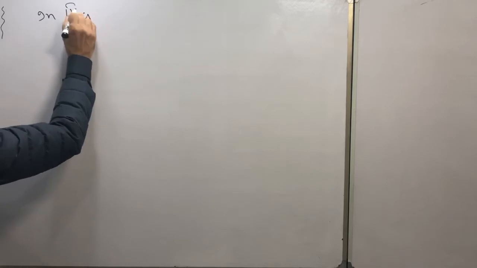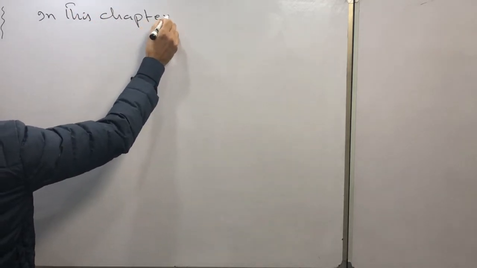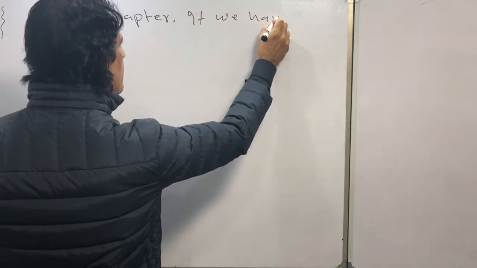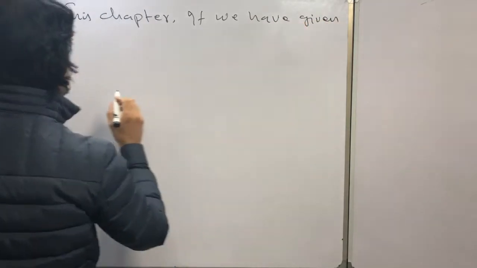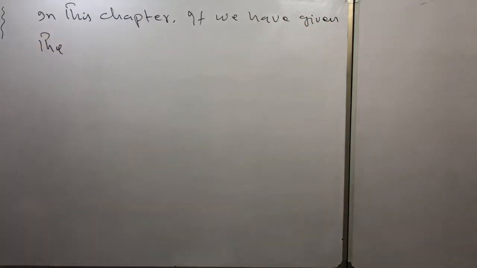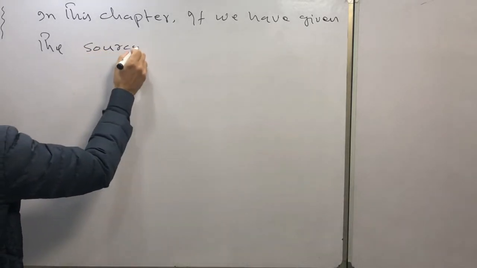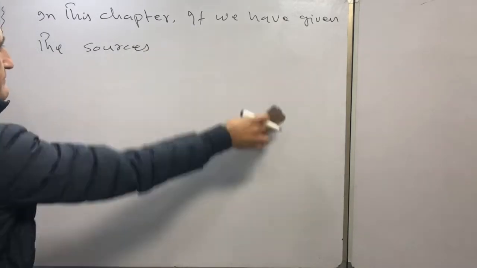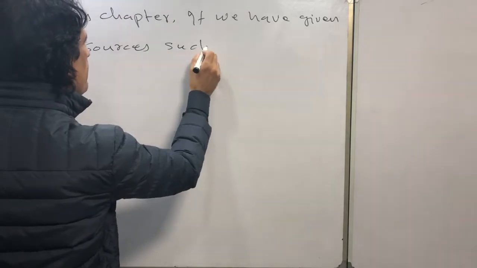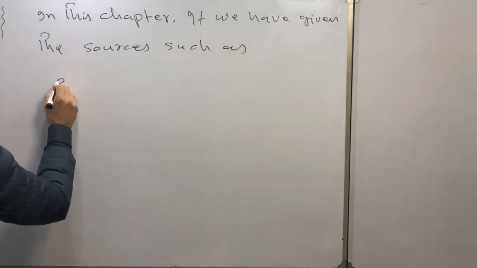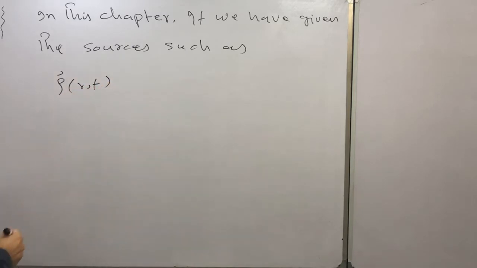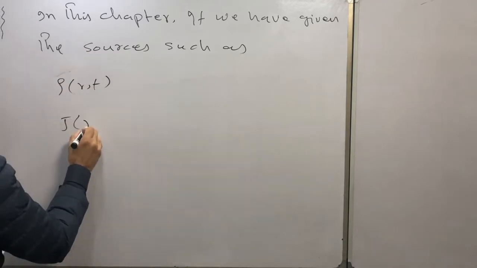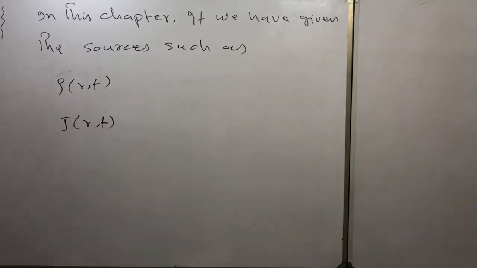In this chapter, if we are given the sources such as rho of r,t and J of r,t. These are the sources.